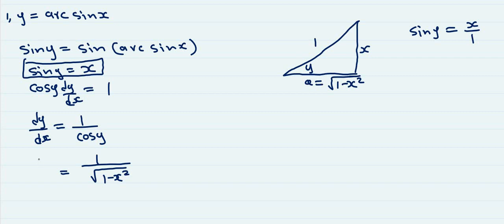So dy over dx equals 1 over cos y, which gives the formula dy over dx equals 1 over the square root of 1 minus x squared. I get it.